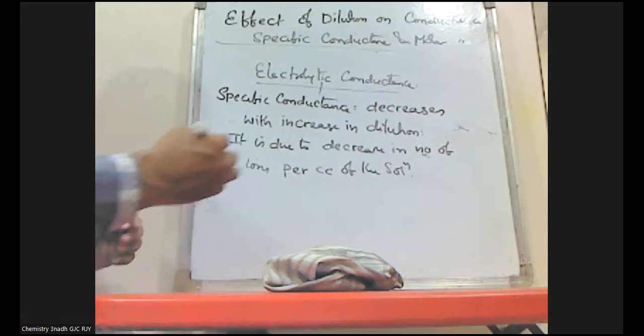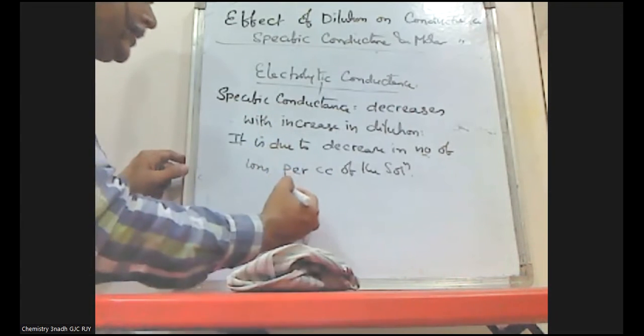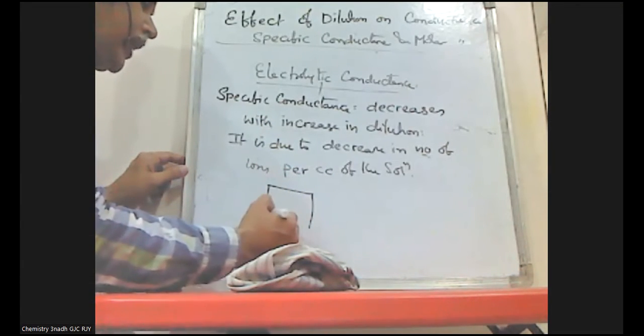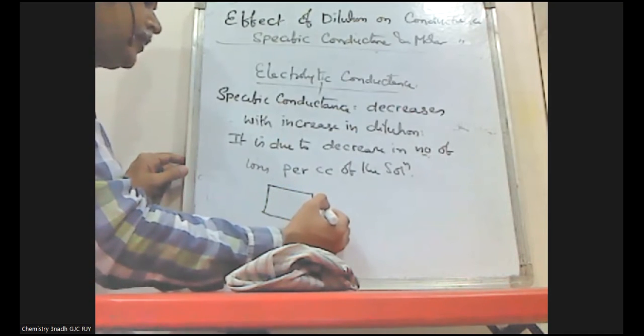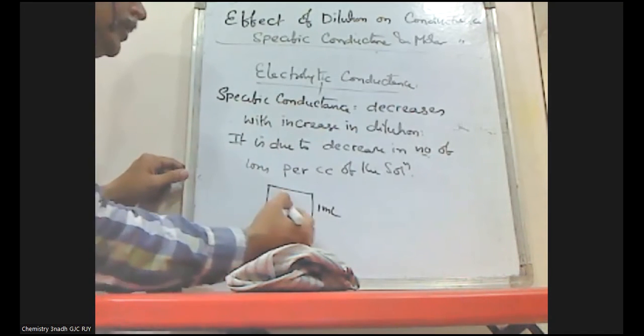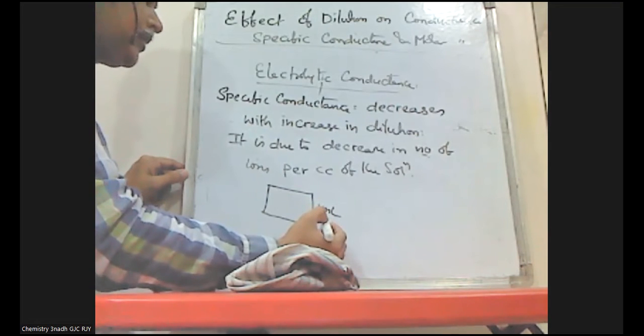So what does per cc mean? For example, let us assume I have taken 1 ml of electrolyte solution and supposed that there are 100 ions in it.